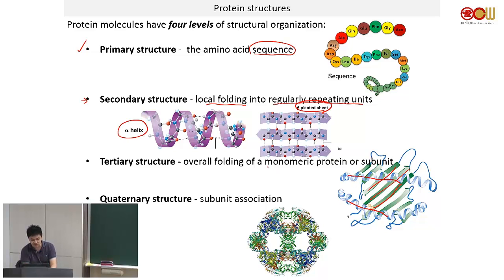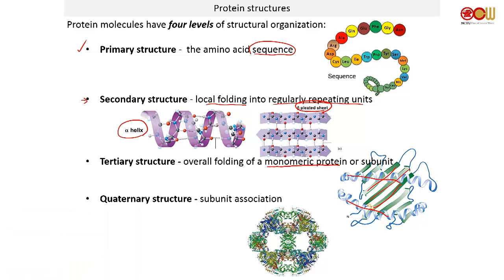Tertiary structure is still talking about monomeric proteins, but in reality, a lot of your enzymes are dimers, tetramers, dimers of tetramers. They have subunit and subunit interactions, and then they form a functional protein. Those interactions are called the quaternary structure, the associations of subunits.